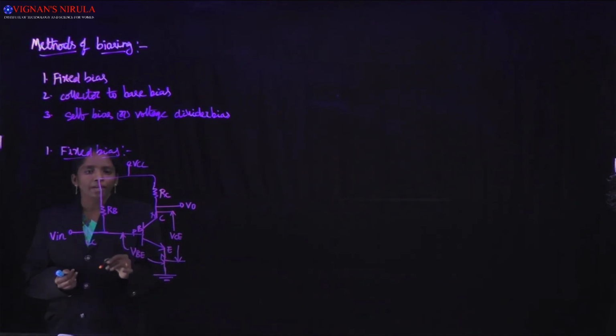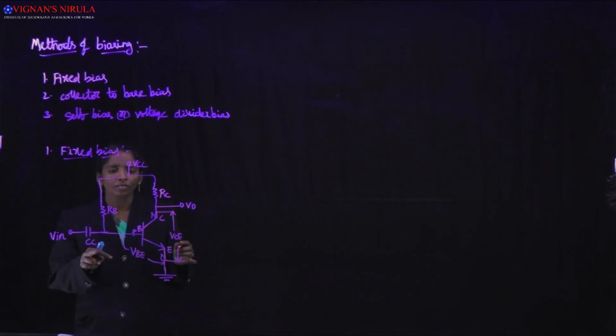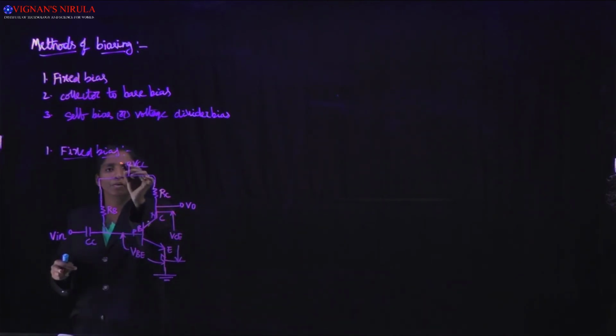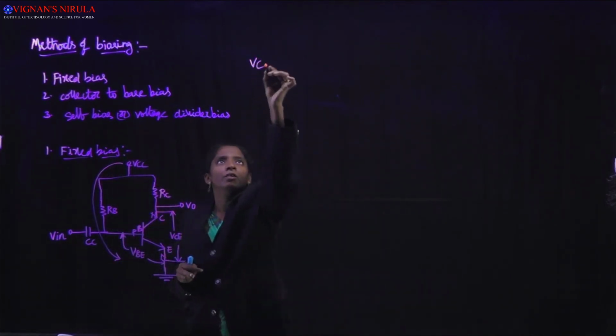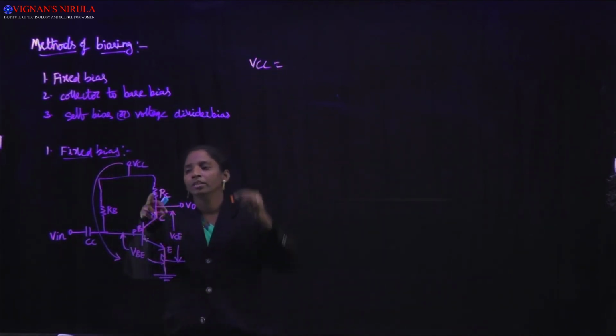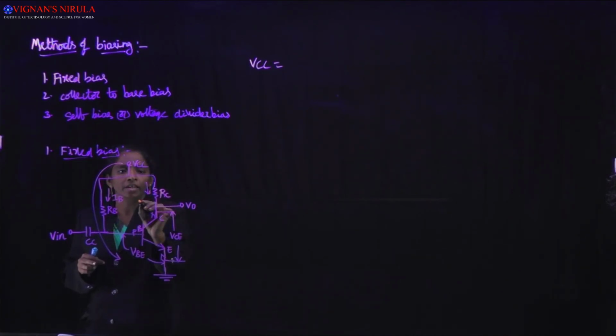Now write the loop equation for this circuit, at the base circuit. The current in resistor RB is IB, and in resistor RC the current is IC plus IB.